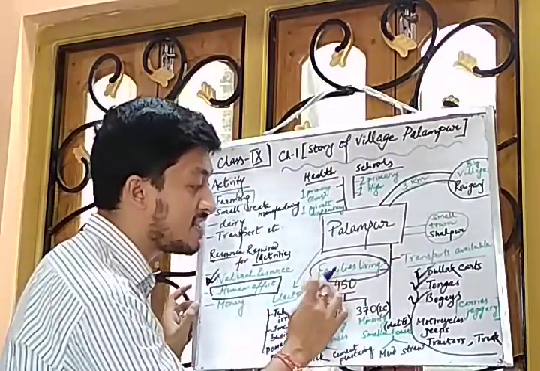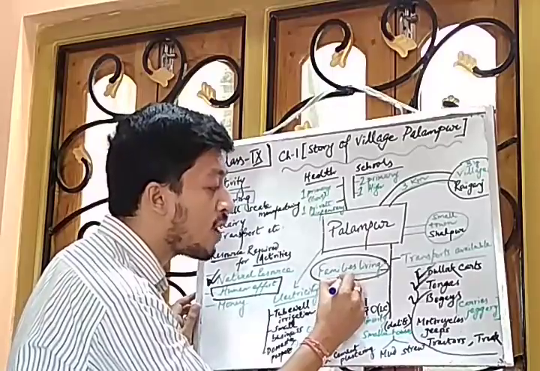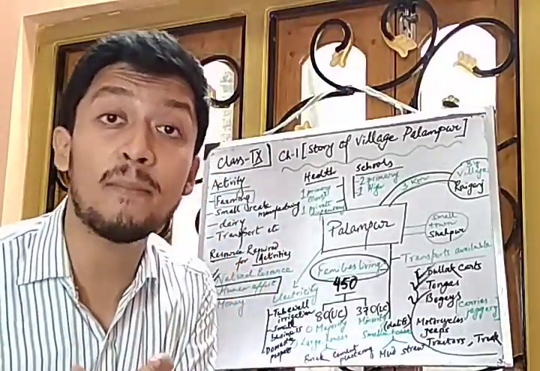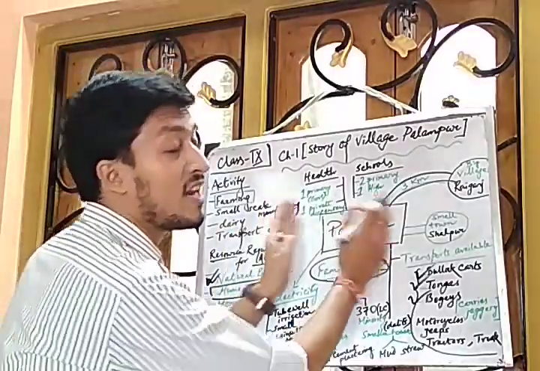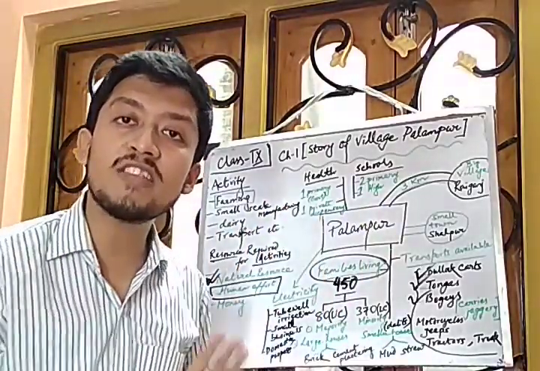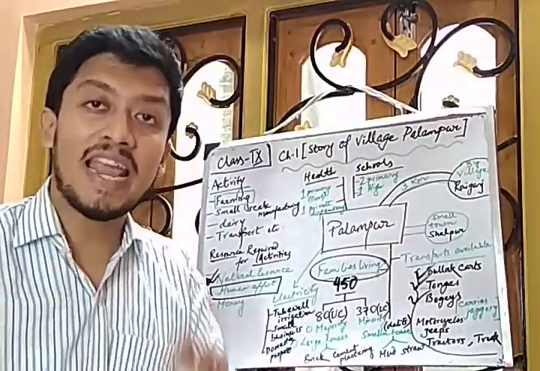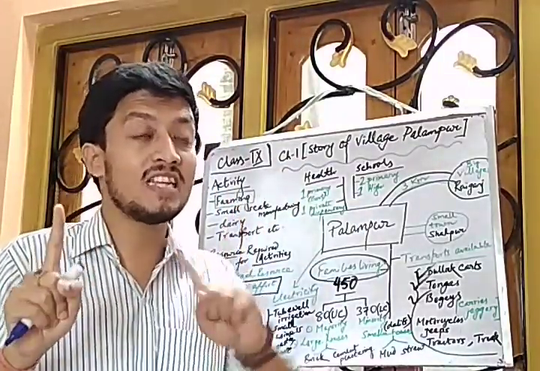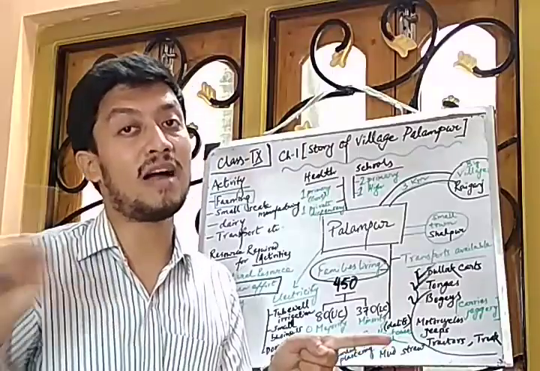I guess it's much more visible to you that there are 450 families. How many? 450 families living in this small village Palampur. Out of these 450 families, the entire families are divided into 2 categories. One is the majority class, another is the minority class.